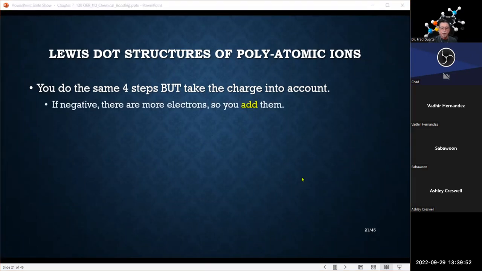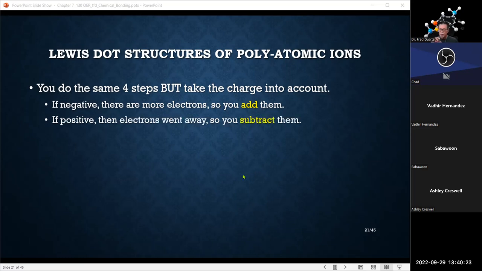So if the charge of the polyatomic ion is negative, we have to correct for that tally of valence electrons. So we need to add a number to it. That number depends on the charge. If it's a negative 1, we add 1. Negative 2, we add 2. Negative 3, obviously we add 3, right? So the amount we add depends on the charge on the ion.